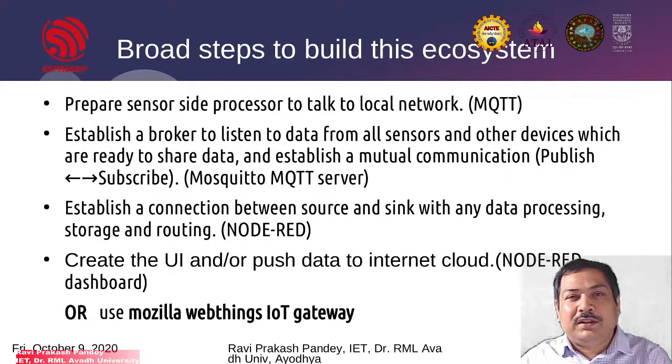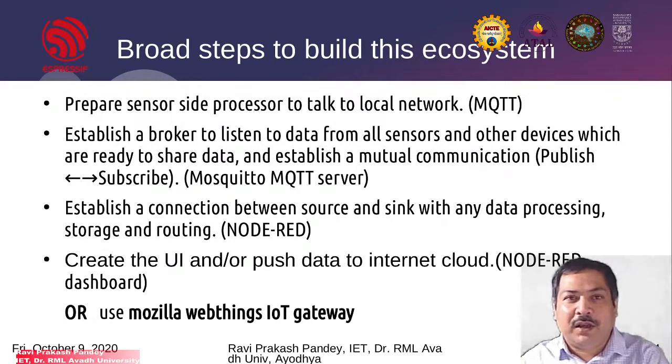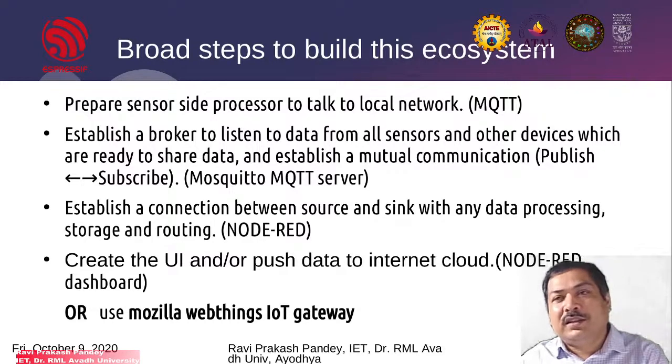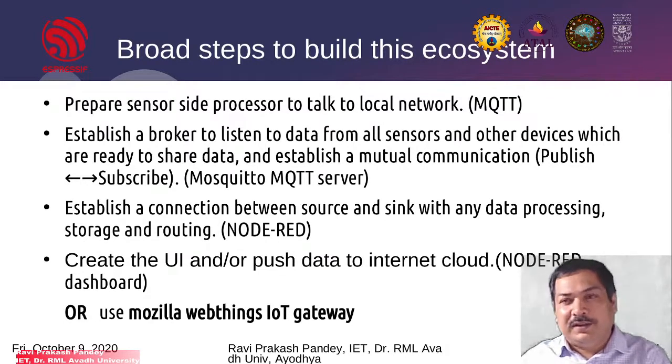But if you are very much concerned about your data privacy and you don't want your data to reside or travel on the internet cloud, this is the solution that you should look into. You can extend its capabilities, and you can design your own interface.